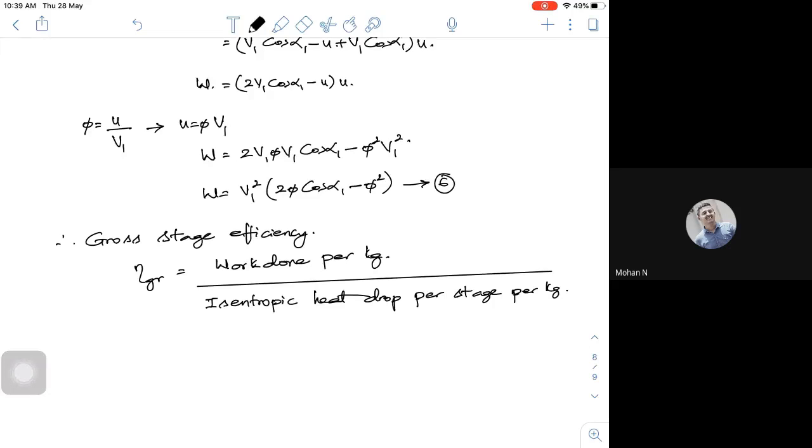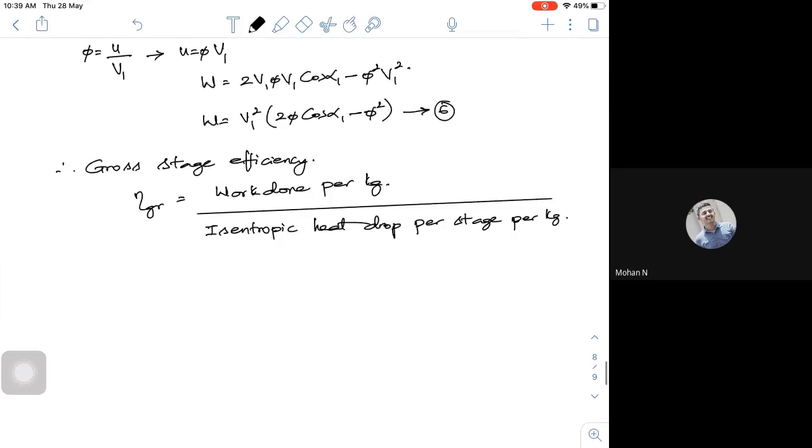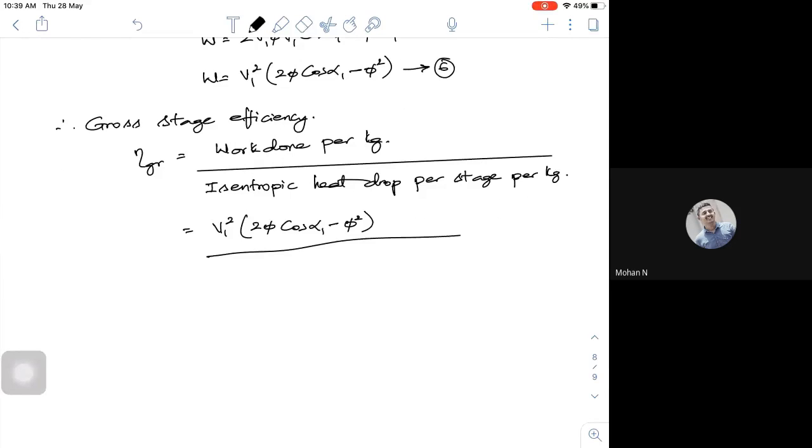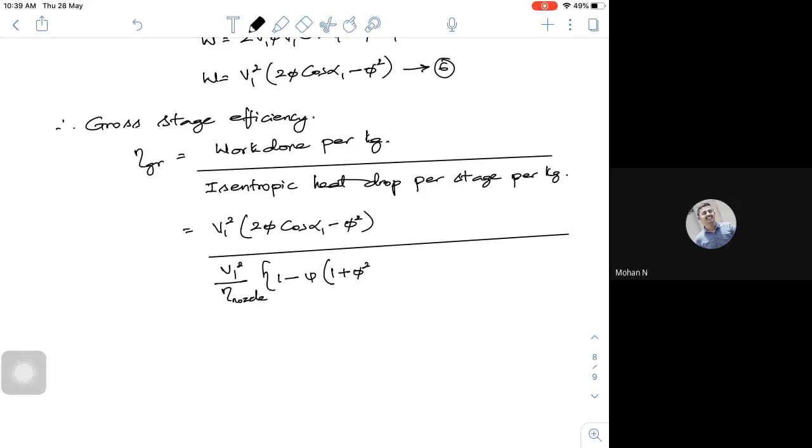Now let's substitute. The work done is V1 square into 2 phi cos alpha 1 minus phi square, whole thing divided by V1 square by the nozzle efficiency into 1 minus psi into 1 plus phi square minus 2 phi cos alpha 1.